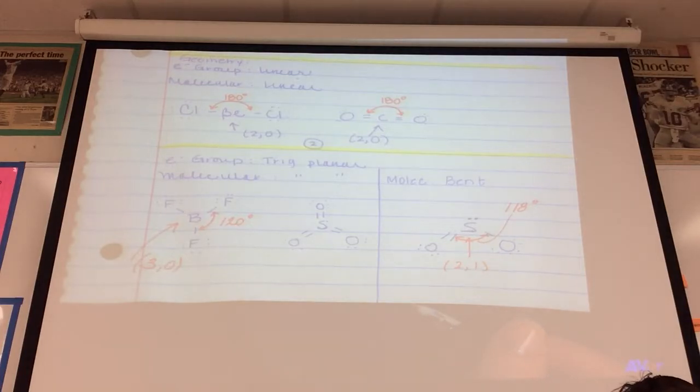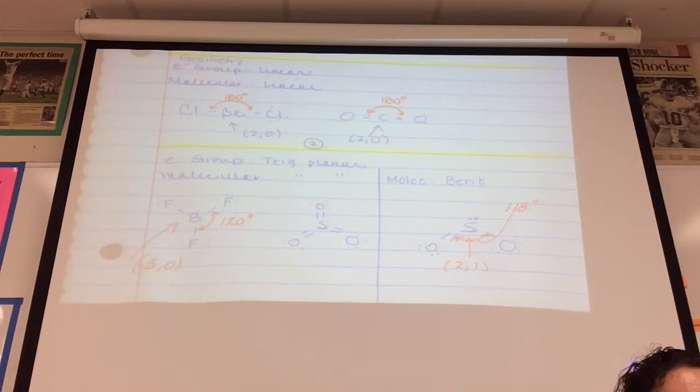But the key here is, why might this bond angle be less than this one? Because they each have 1.5 bonds. Because that's just the way it is. I wouldn't write that. What do you know about electrons in bonds or lone pairs of electrons?